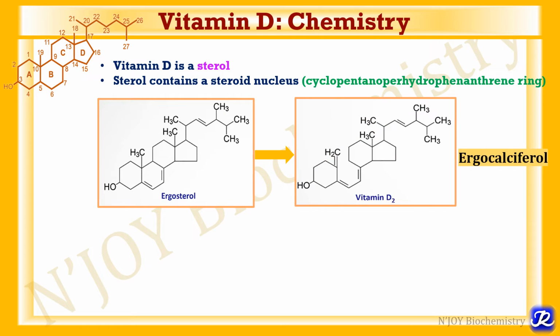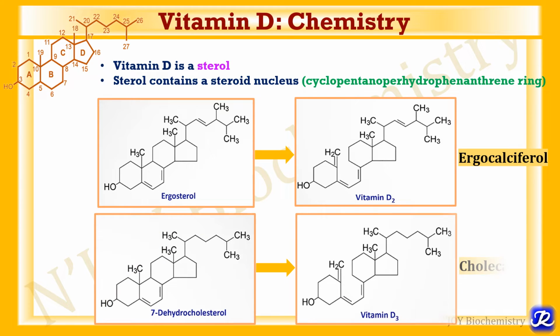Conversion of provitamin D to vitamin D occurs on exposure to sunlight or ultraviolet radiation. So, on exposure to sunlight and radiation, ergosterol is converted to ergocalciferol and 7-dehydrocholesterol is converted to cholecalciferol. Now, what are the various changes that occur during the conversion of provitamin D to vitamin D? These changes include the breakdown of the bond between 9 and 10 of the B ring.